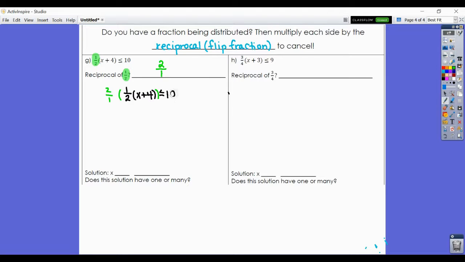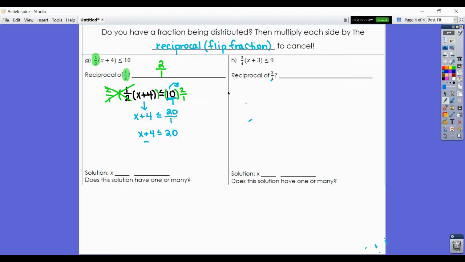What that does is it cancels out with the 1/2 on your left side, leaving you with just what's left in the parentheses, x plus 4. On the right side, we do 10 times 2. Always apply the whole number to the numerator, because whole numbers can be written over 1. Well, 10 times 2 is 20. 20 divided by 1 here on the right side, we just simplify that down to 20.